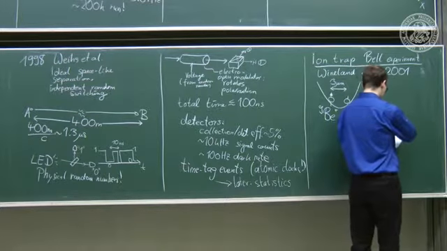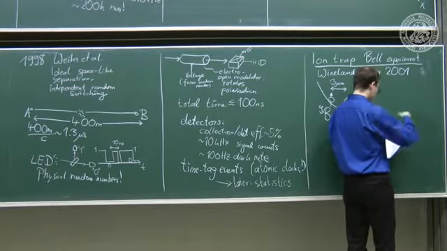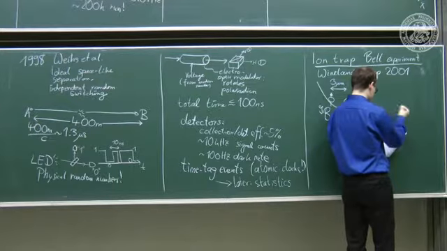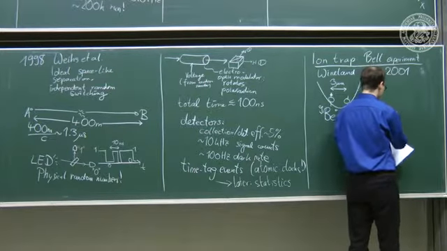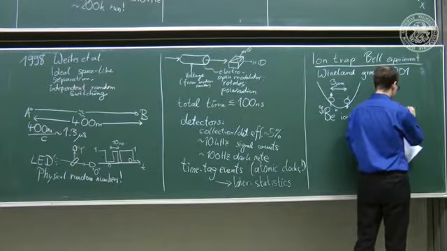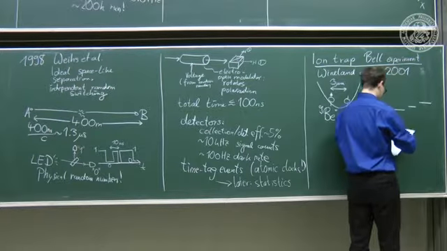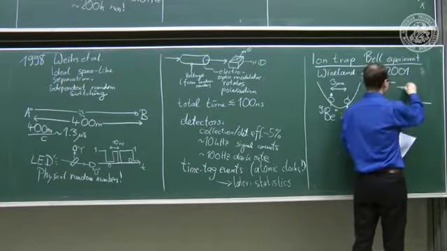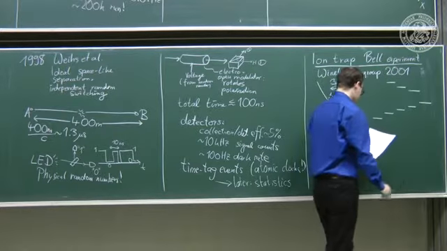And so I'm now drawing the level scheme only for these so-called ground state levels, the hyperfine levels in the ground state. And these are different spin levels, and I will label them in a minute.